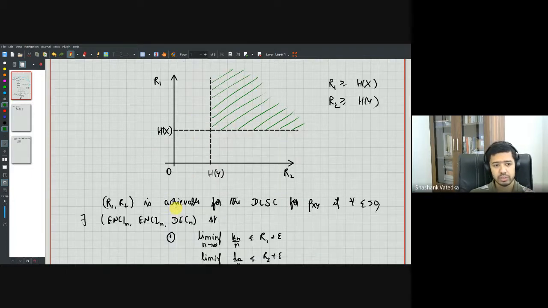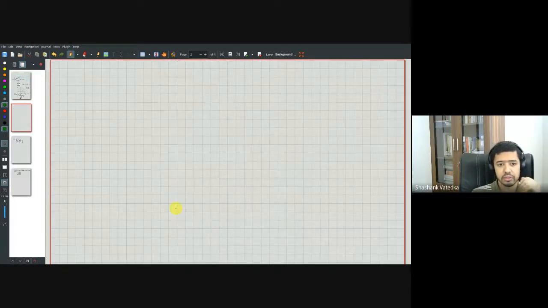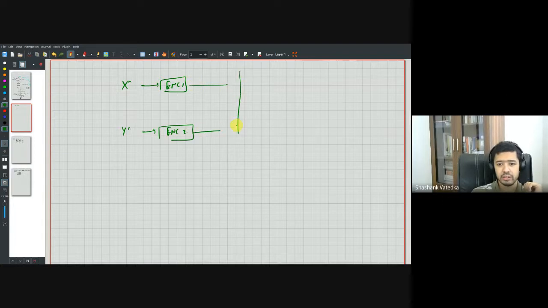To do this, let's look at the following. Here's the problem: you have xn, which is encoded by the first encoder, and yn is encoded by the second encoder, and this is jointly decoded by the receiver.